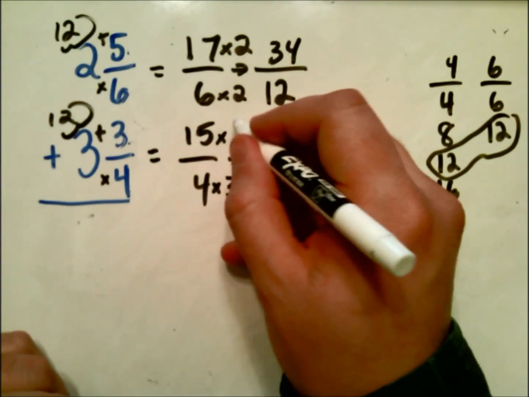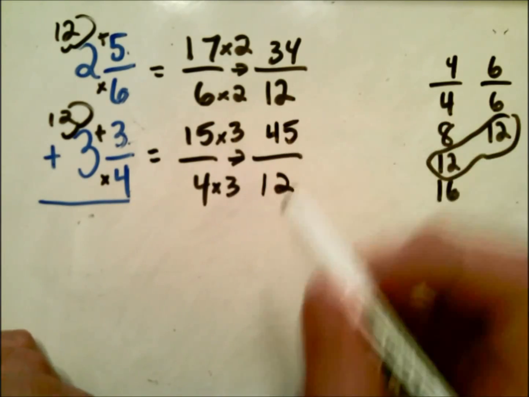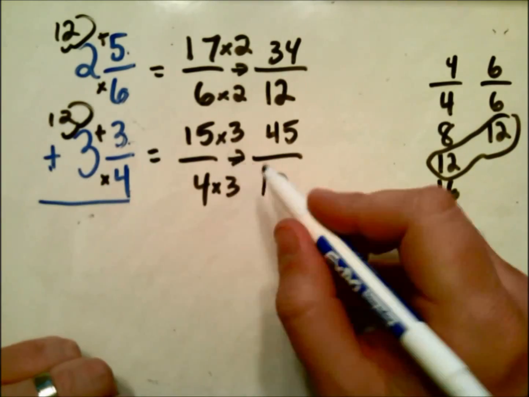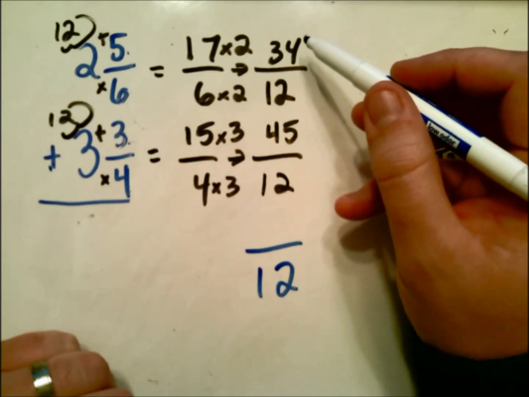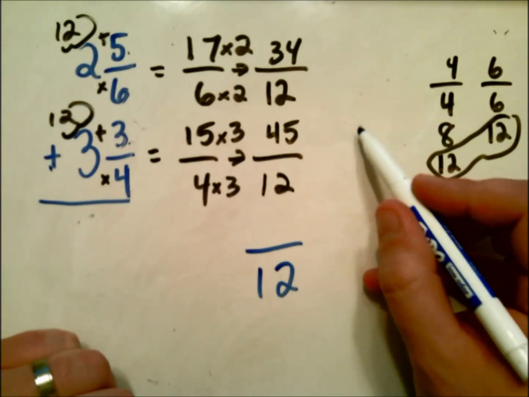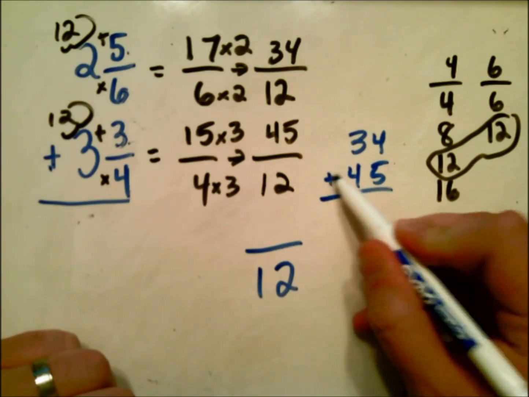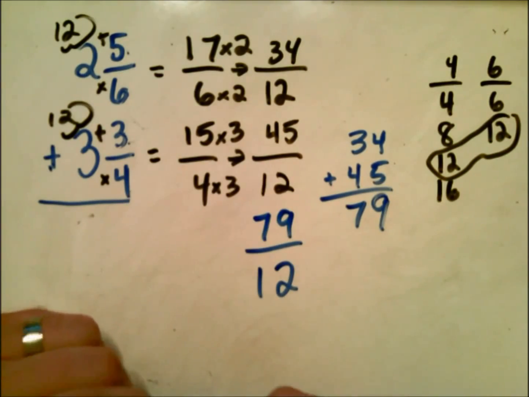We multiply by 3, and do the same to the top. So 15 times 3 is 45. When we add these up, we keep our denominator at twelfths, and we have 34 plus 45. We're left with 79 twelfths.